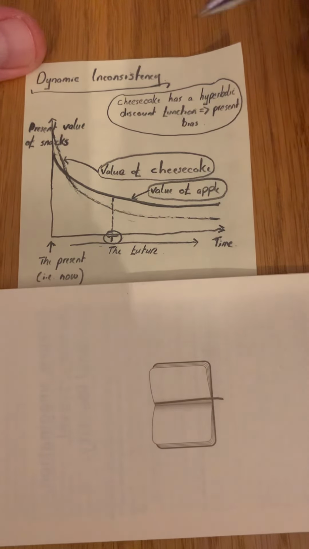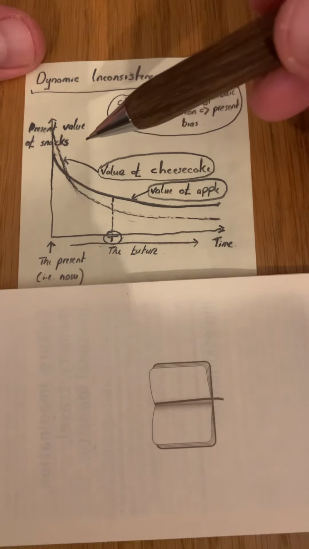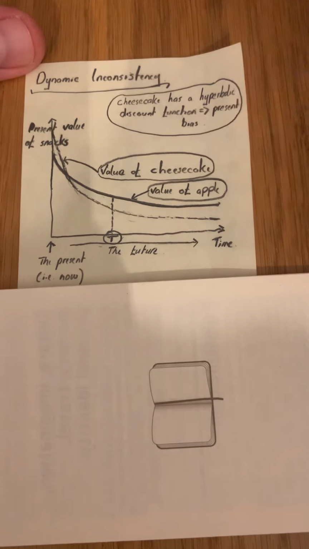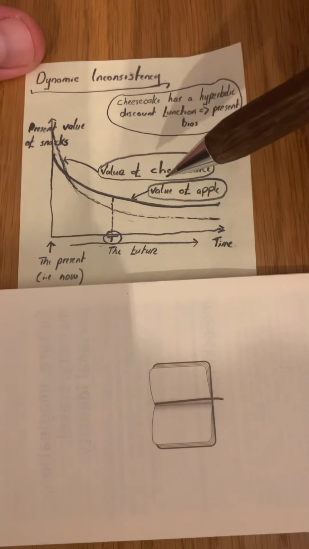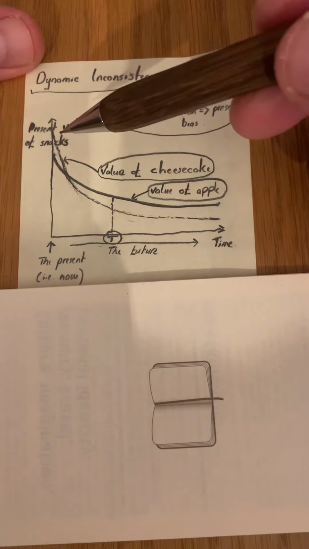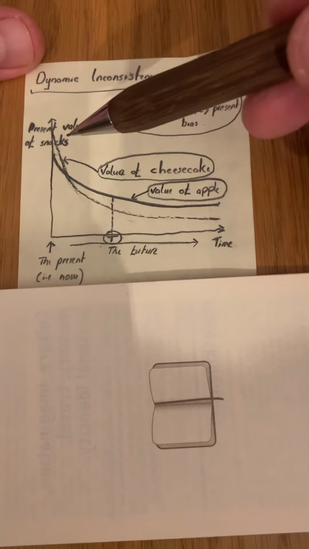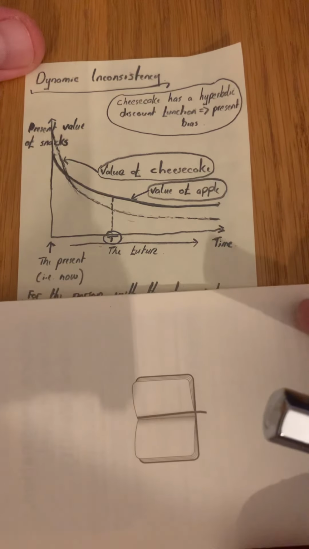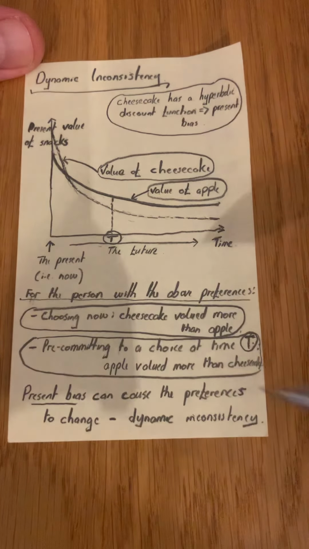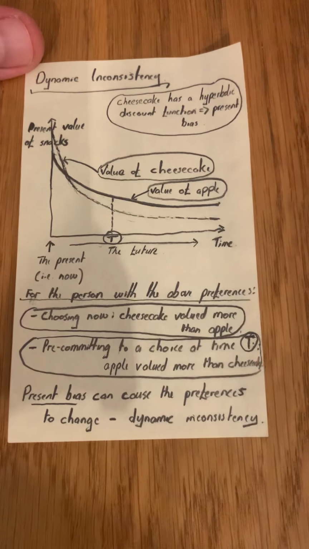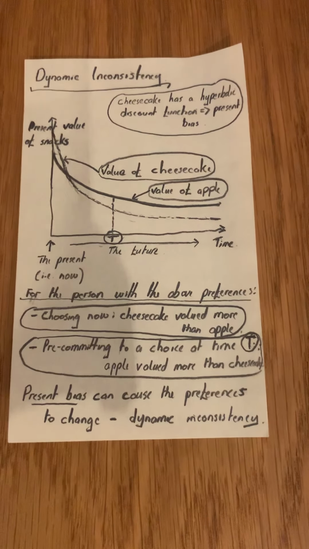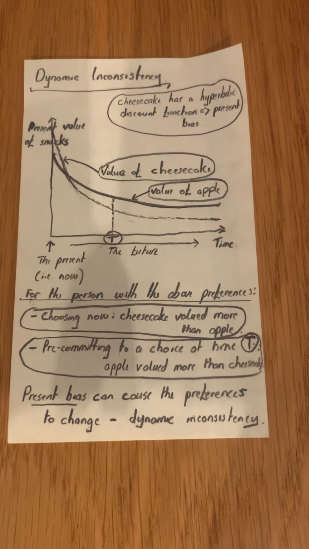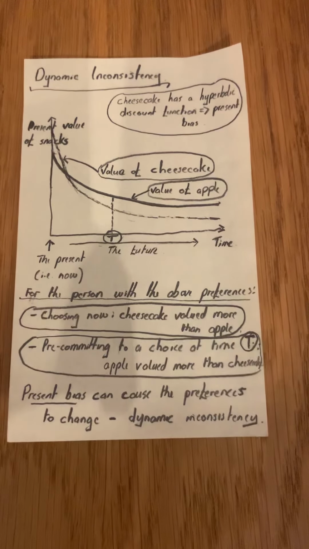That's essentially what dynamic inconsistency is saying: you can get inconsistent preference orderings over time, caused by present bias being attached to particular goods. That's all I've summarised here. Okay, so that's dynamic inconsistency.